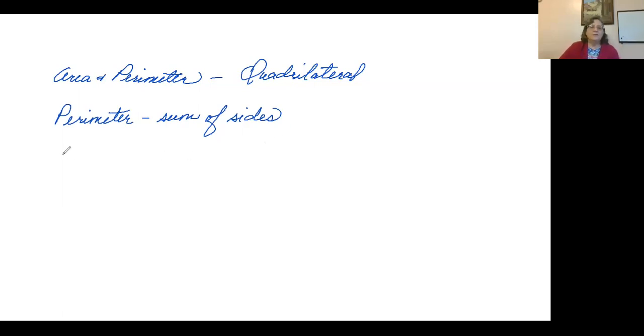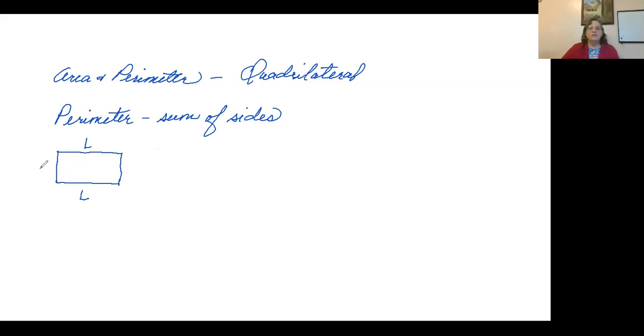I have sometimes seen people who said, well, they had a hard time remembering the formula for the perimeter of a rectangle. And I keep telling them they don't have to have a formula, it's just the sum of the sides. It's true that with a rectangle, your opposite sides are the same length.